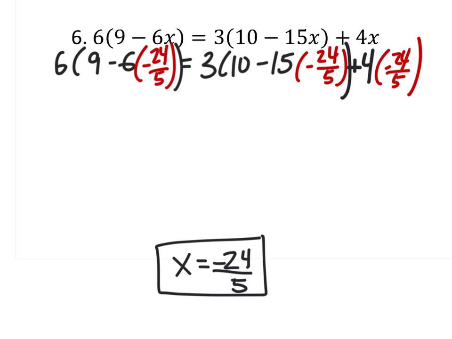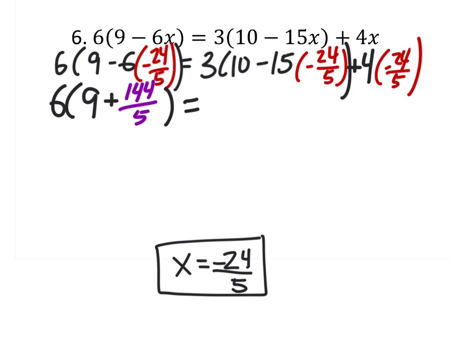We got it in time. So, looking at the left side, let's work with those parentheses. It looks like we're going to have that 6 times 9. That's going to end up being a plus because of that negative. So that's 120 over 5, plus 144 fifths. 6 times 24 fifths there, okay?